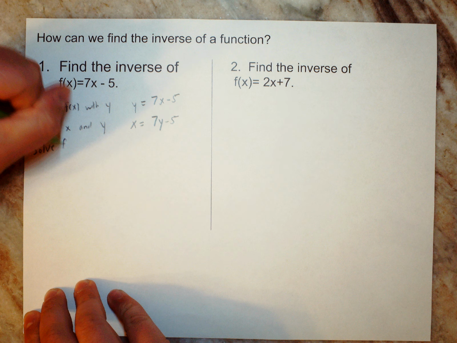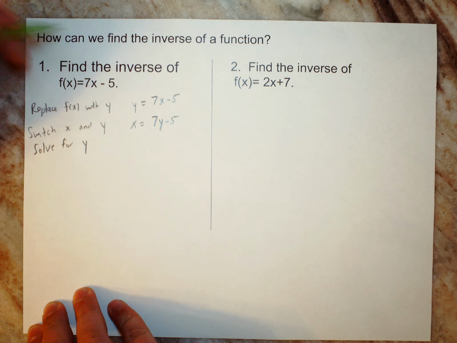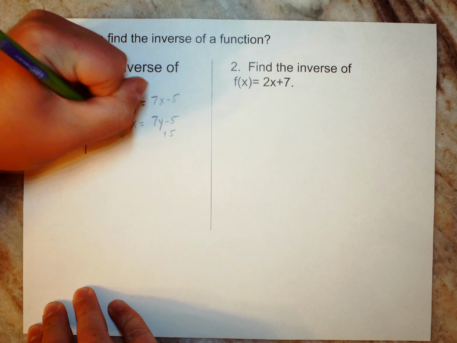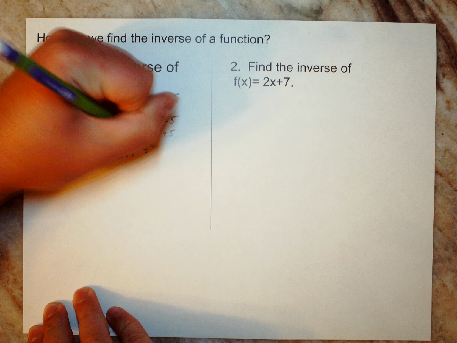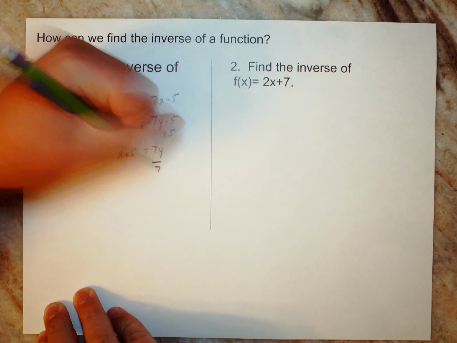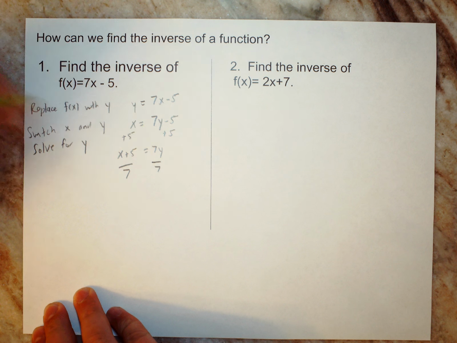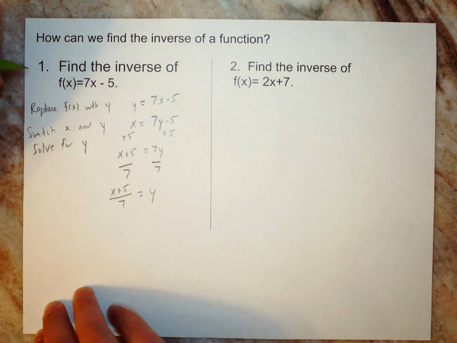Now you are going to solve for y. So in order to solve this one for y, we're going to add 5 to both sides. It's going to give me x plus 5 equals 7y. And I'm going to divide both sides by 7. So now x plus 5 over 7 equals y.